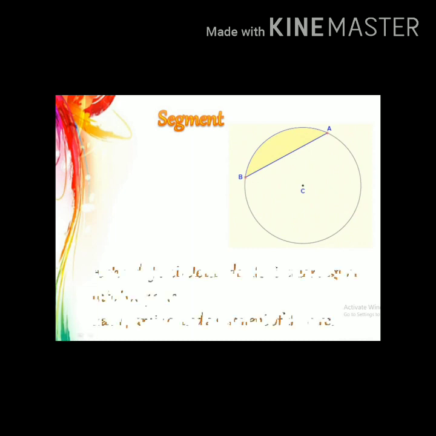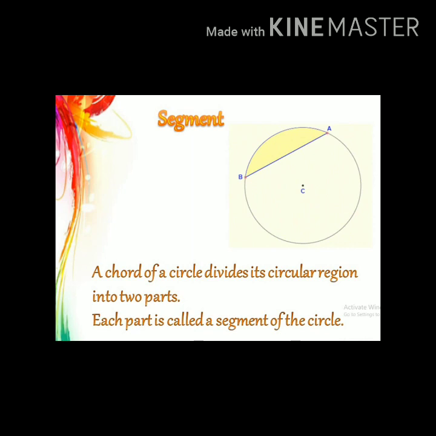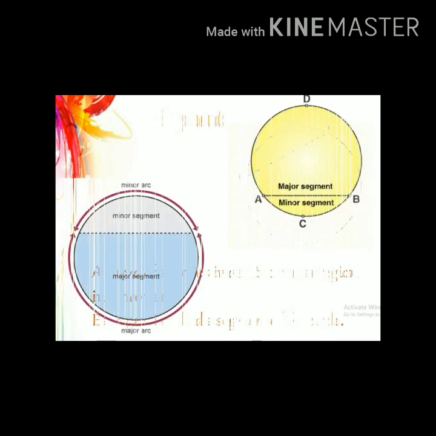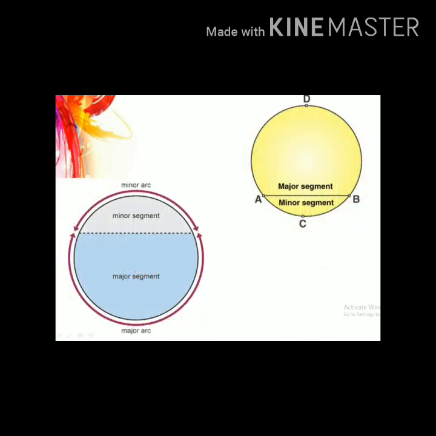So, a chord of the circle divides the circular region into two parts. Each part we can call a segment of the circle. Here also there is a major segment and a minor segment. Major segment means the part containing major arc, and the part containing minor arc we can call minor segment.